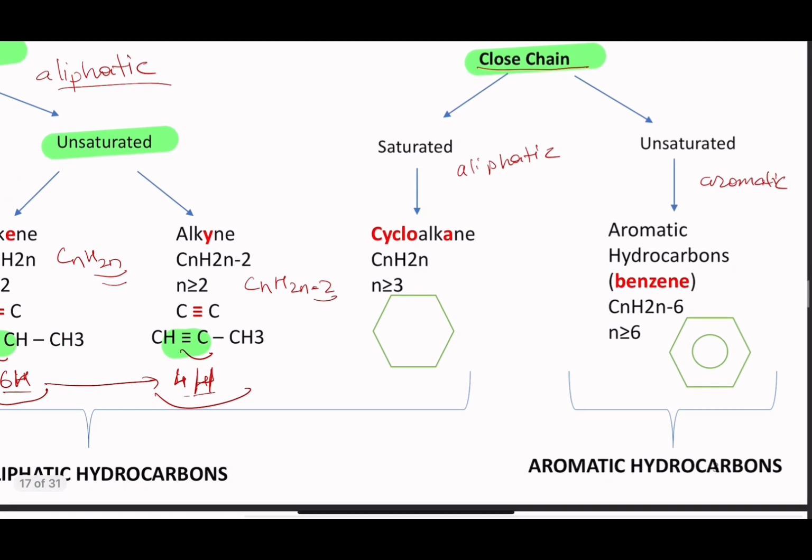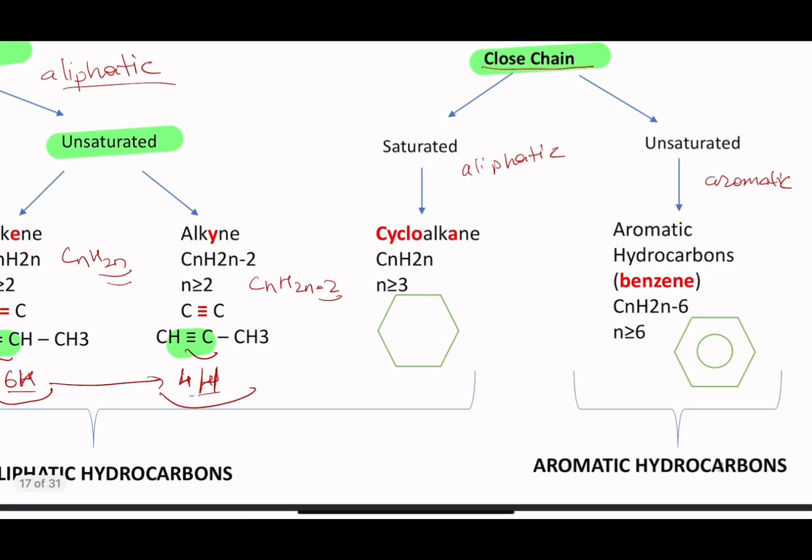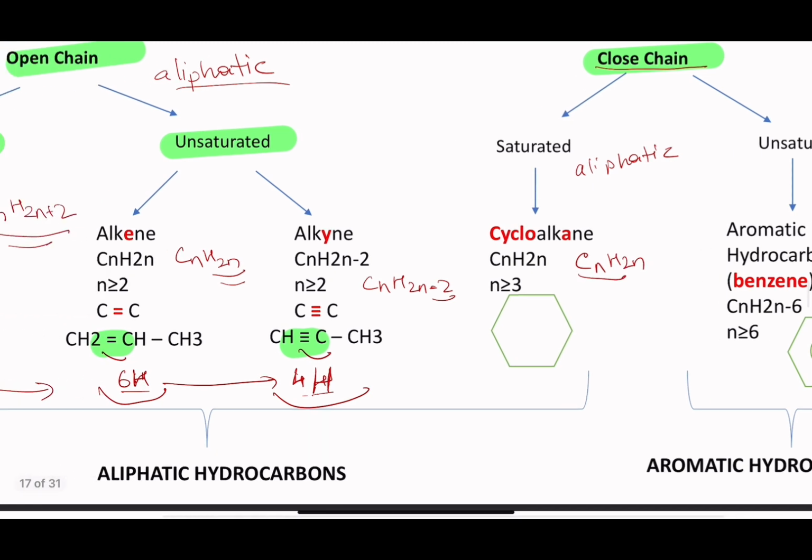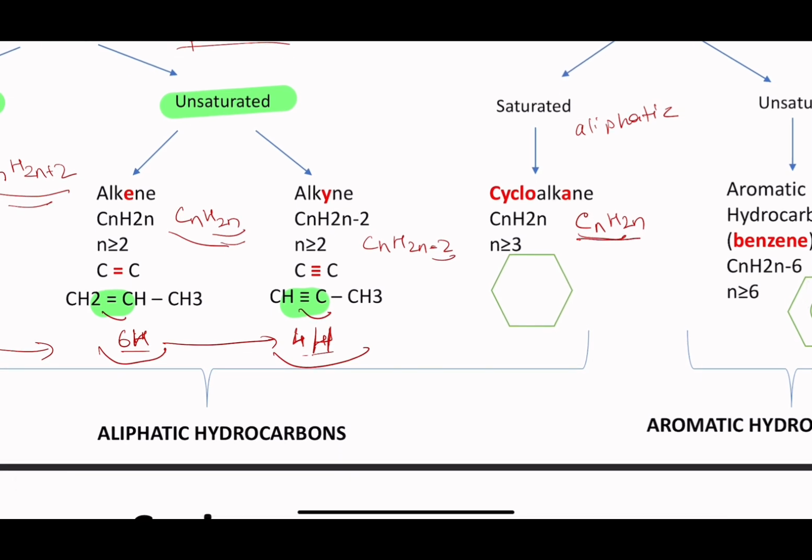Okay. So look at the formula of cycloalkanes. It is CnH2n. Although it is the same as alkene, we have no double bonds. So alkene and cycloalkane have the same formula.